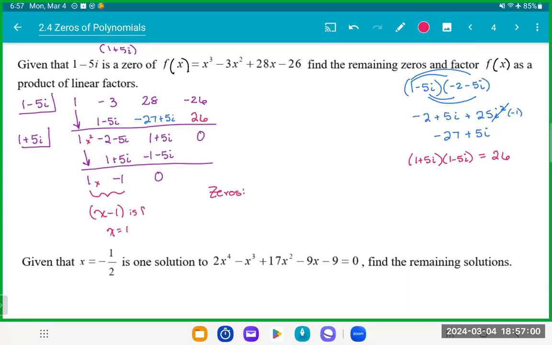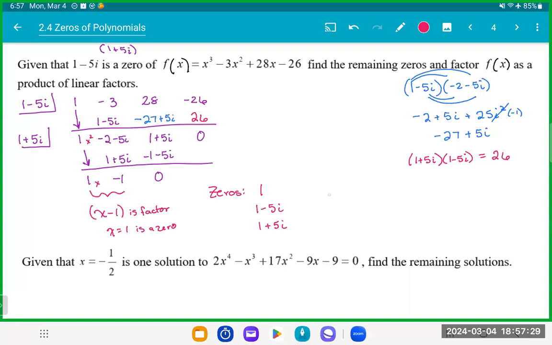So my zeros are 1 minus 5i, and 1 plus 5i. Okay, if we wanted, so it wants us to do the zeros and find the remaining, and it wants us to factor it, right? So how do we factor that?